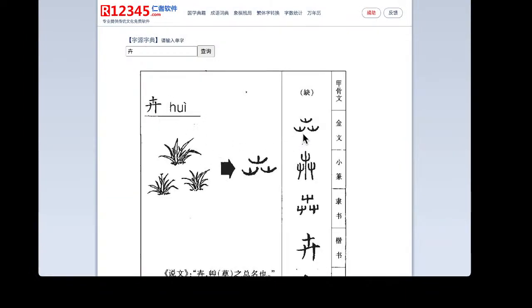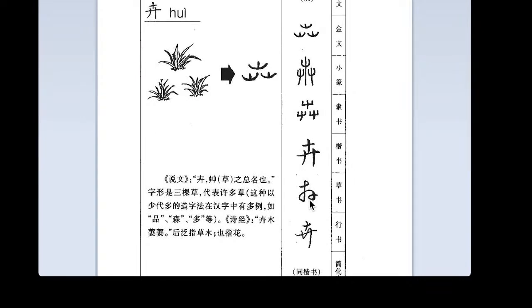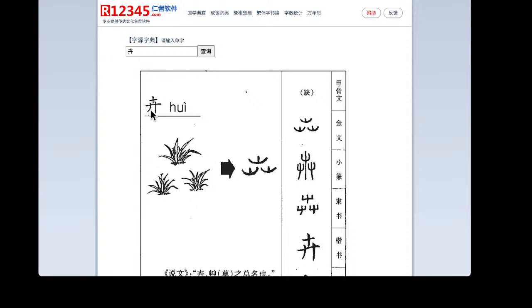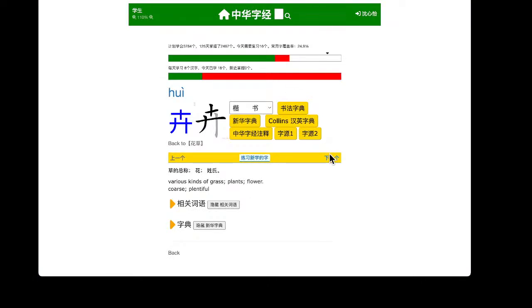This one literally has three pieces of grass right there, and then becomes like this and like this, and so becomes the current form. But you can see the current form and the ancient form, from thousands of years ago, are pretty much the same. So this one should be very easy to remember. Okay, 卉. Next one.